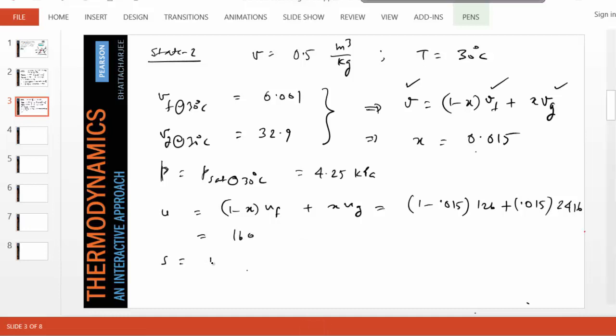whatever the unit. Similarly, S is (1 minus X) SF plus X times SG, which is 1 minus 0.015 times SF, which is again from the temperature saturation table for water, SF turns out to be 0.4369, plus 0.015 times SG, which is 8.45.